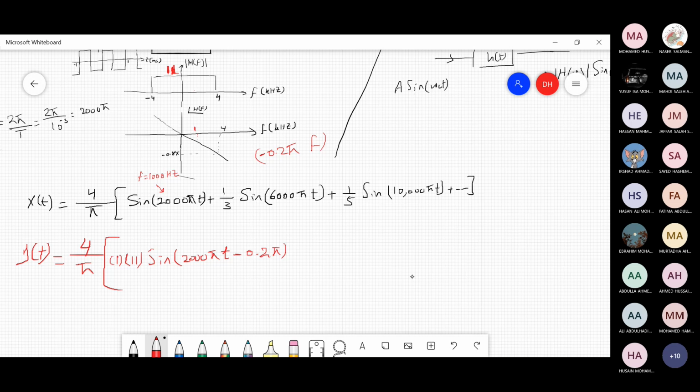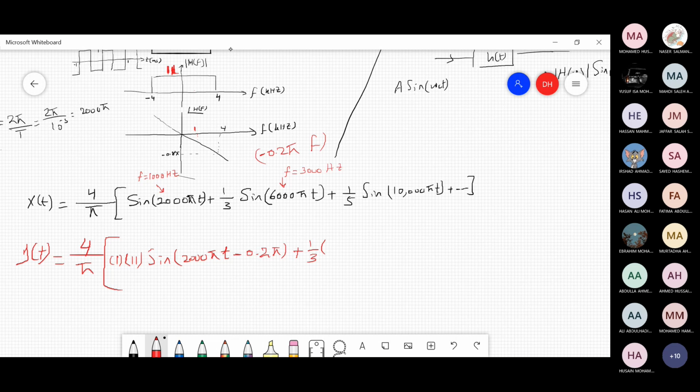Second one, which is this, so plus 1/3. Here, f equal to 6,000 over 2, then it is equal to 3,000 hertz, which is 3 kilo. What is the magnitude at the 3?